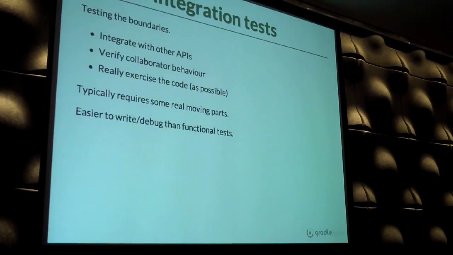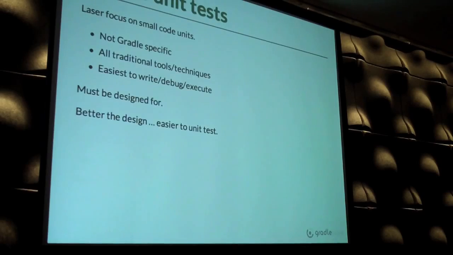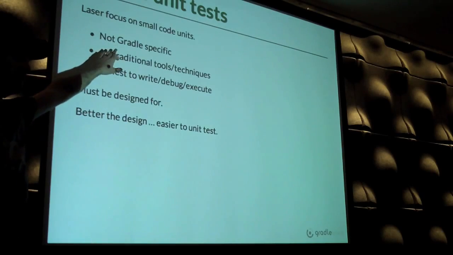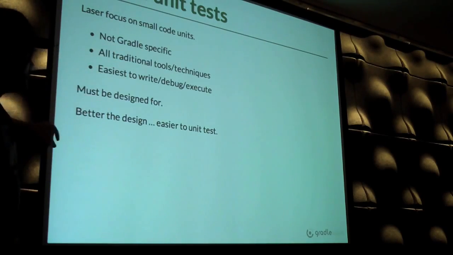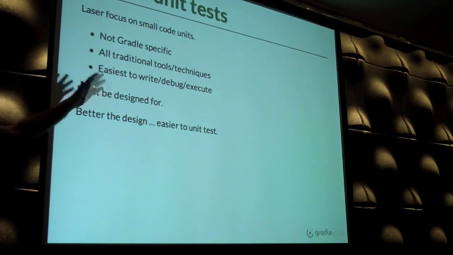So we've gone through unit tests where we try and isolate and make the code as small as possible so we can unit test in isolation. We don't need any Gradle help here. We don't need any kind of additional stuff, so we can use all traditional things: Mockito, Spock, JUnit, nothing special. Runs in your IDE, you can debug, all that great stuff.